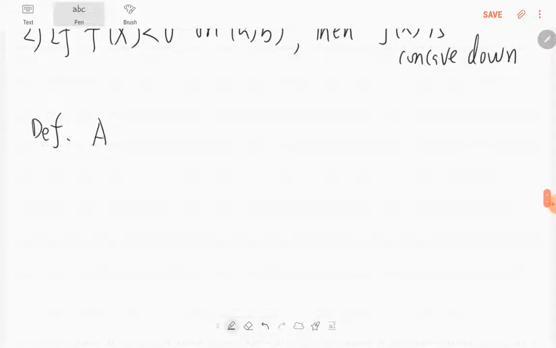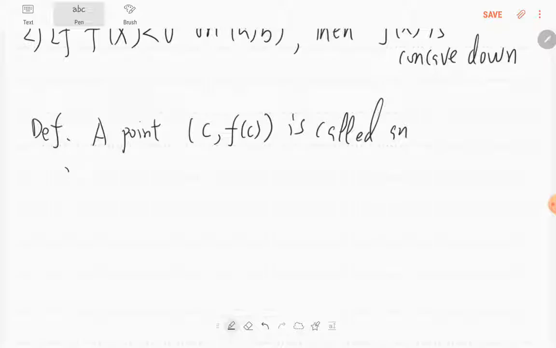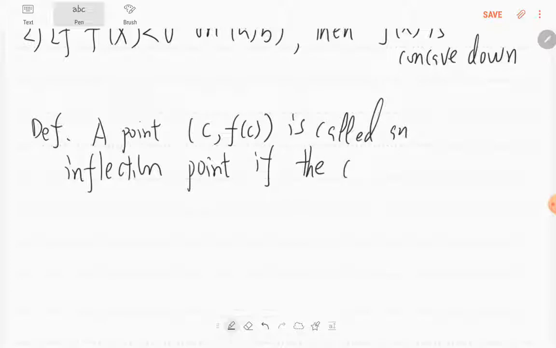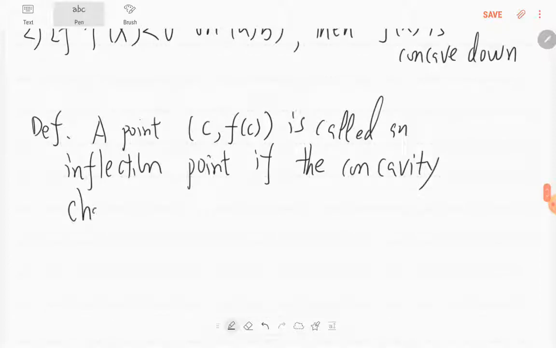A point (c, f(c)) is called an inflection point if the concavity changes at x equals c.